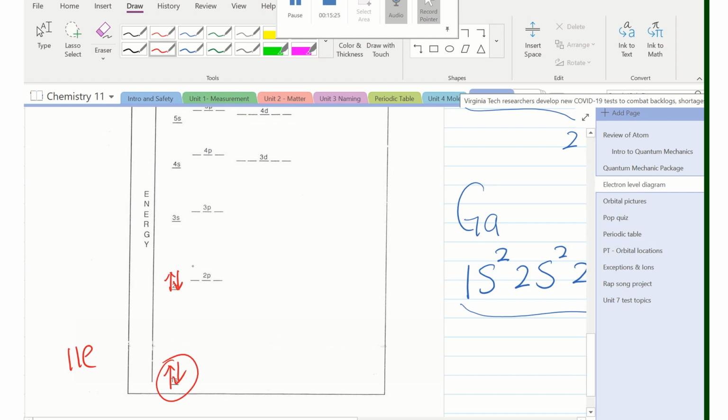The 2p energy is slightly higher. Remember, we have to do single before we pair them up. So 2px, 2py, 2pz. That makes 10 electrons, and our valence electron is on the 3s, like this. So this is sodium.